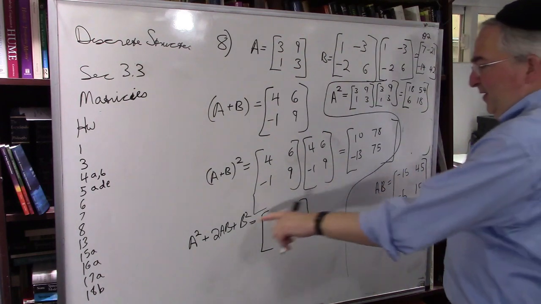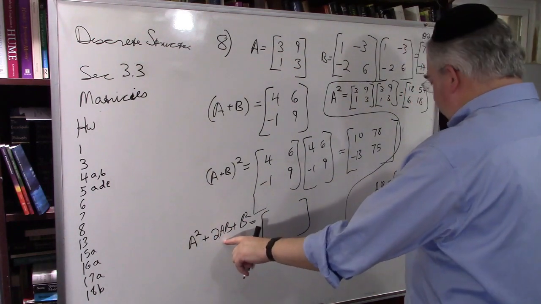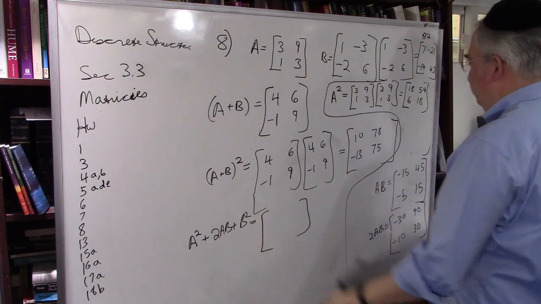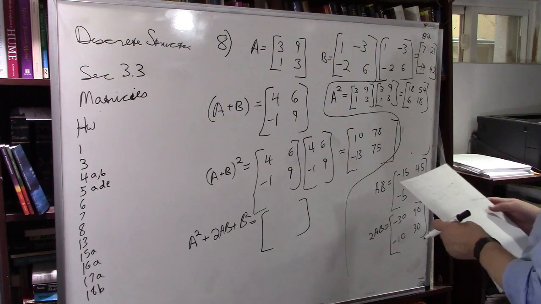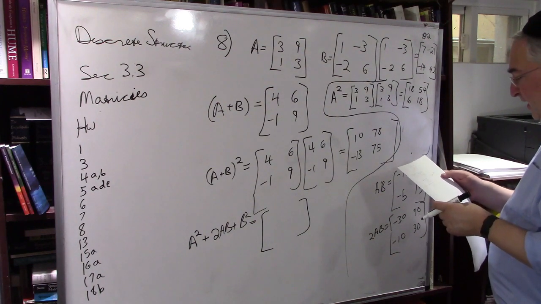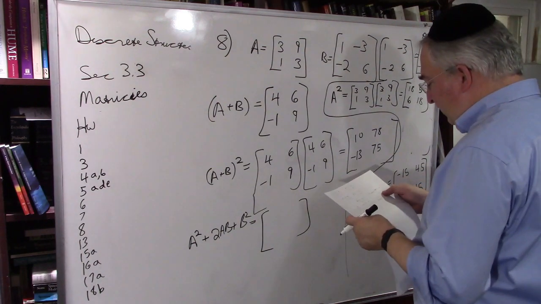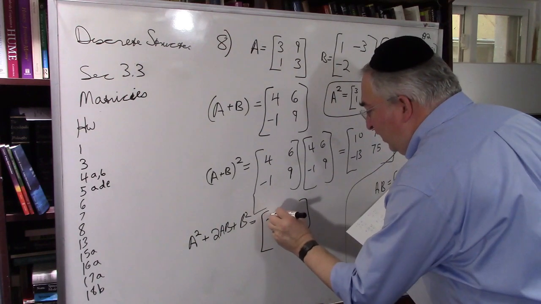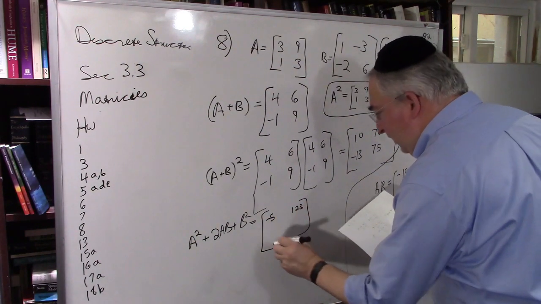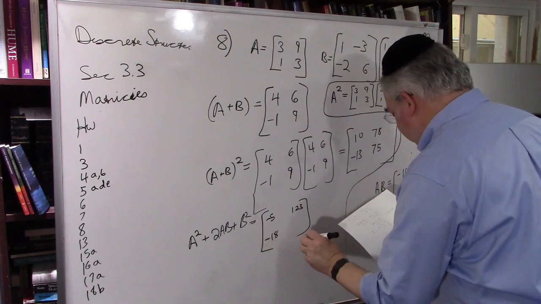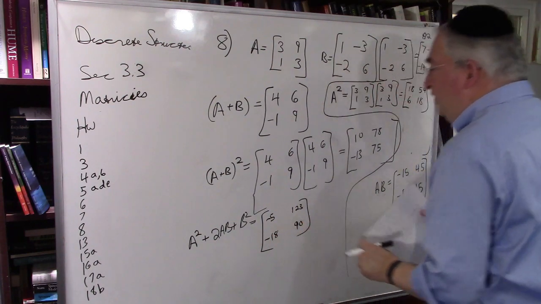Okay, so let's do a squared plus 2ab plus b squared, and I did it already. Okay, and so we get minus 5, 123, minus 18, and 90. Let's just do the 90.